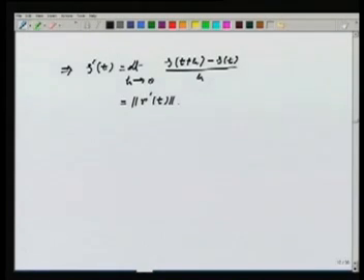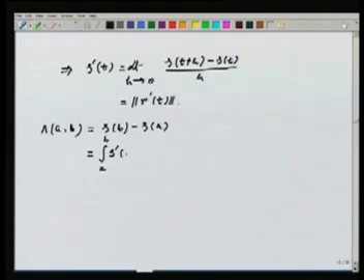Now this has got some interesting consequences, which is precisely what we want to look into. If I look at now lambda(a,b), what is lambda(a,b)? According to my notation it is s(b) minus s(a). But this then by the second fundamental theorem of calculus is integral a to b s prime t dt.